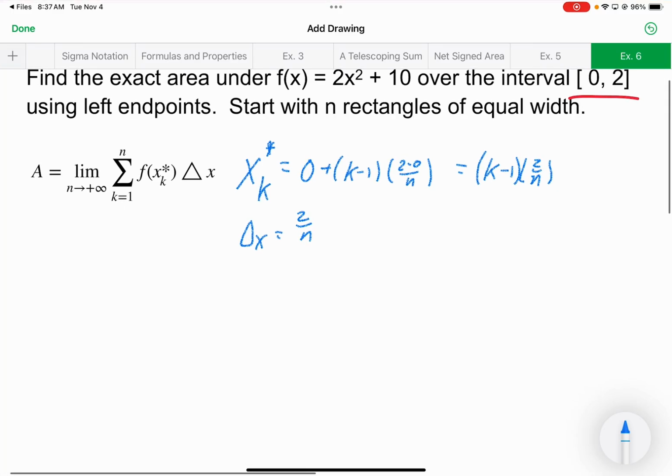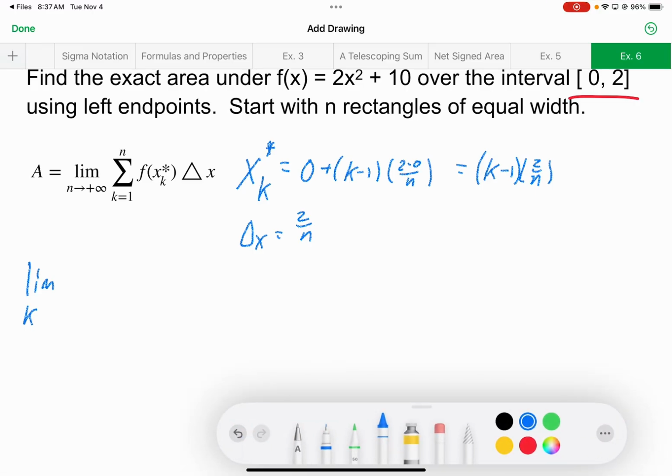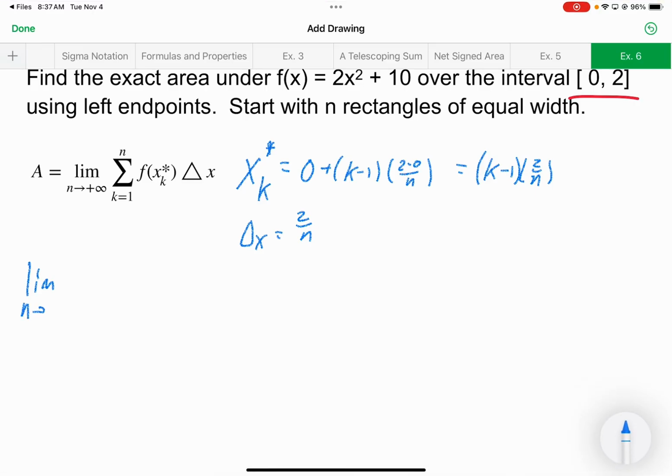So now what we want to do is plug that stuff into our function and then take our limit of our sum. So limit as n goes to infinity, sum of k equals 1 to n of, all right, we need to throw that into our function. So 2 times quantity k minus 1 times 2 over n quantity squared plus 10, and then multiplied by our change in x, which is 2 over n.